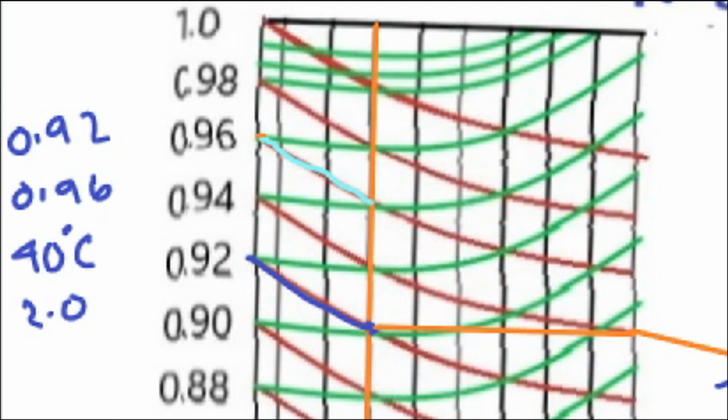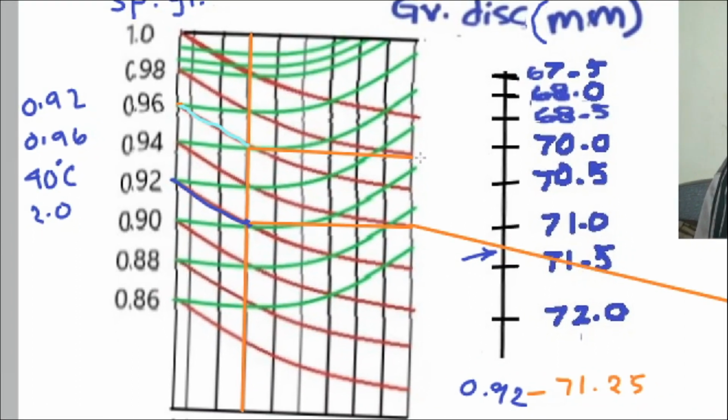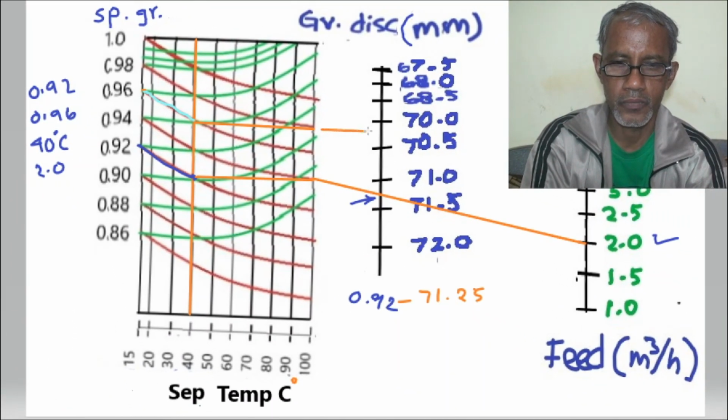Now next thing is to draw a parallel line right up to the 100 degrees Celsius line. Next, we should not make the mistake of drawing the line parallel to the horizontal axis.